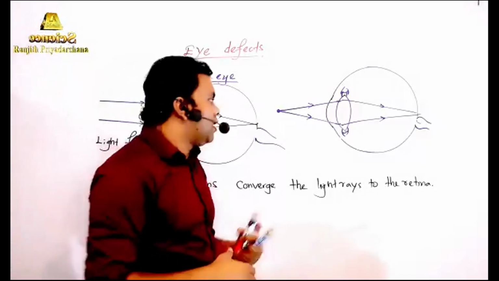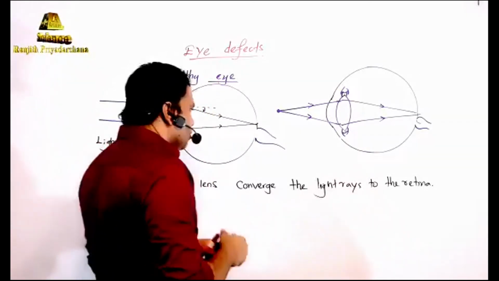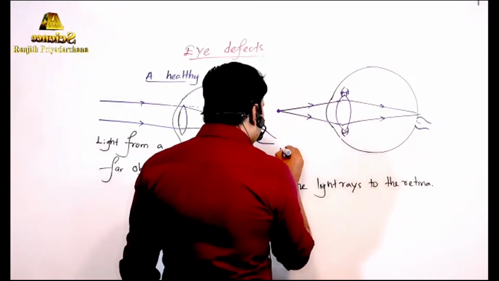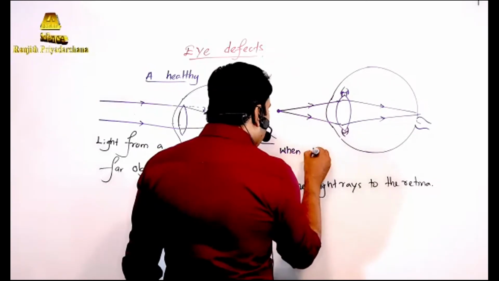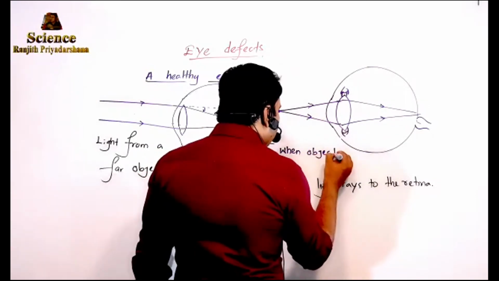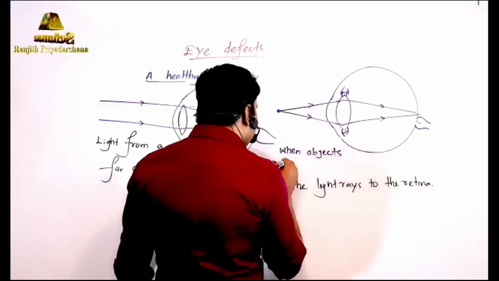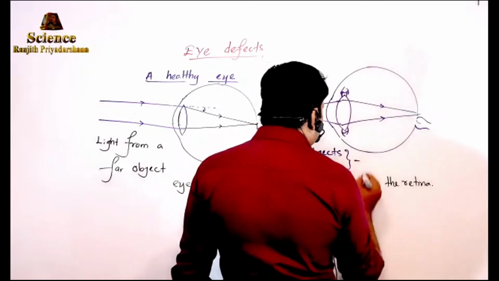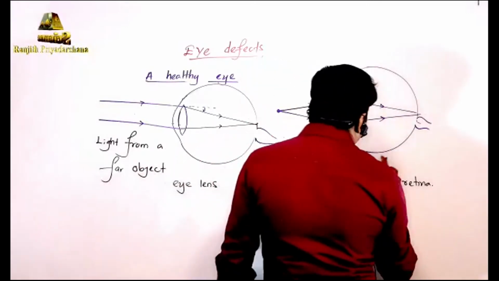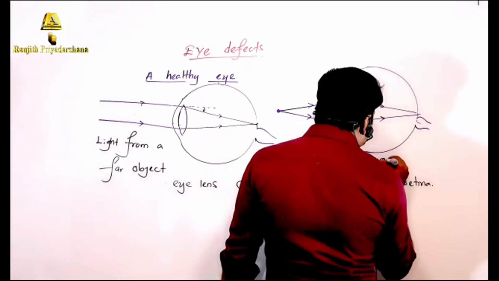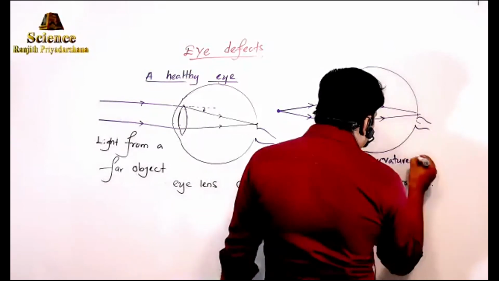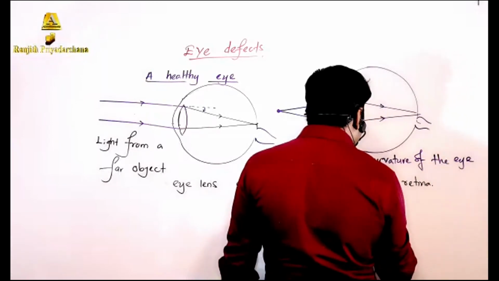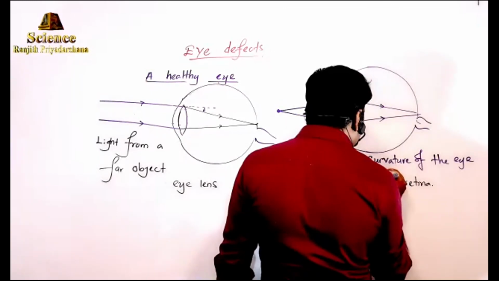So by increasing the curvature, when objects are closer, the curvature of the eye lens increases.